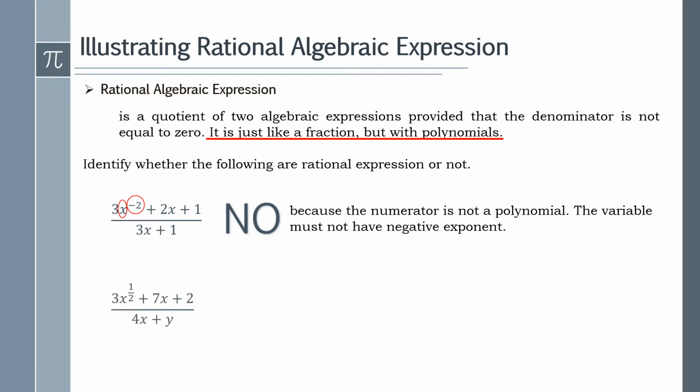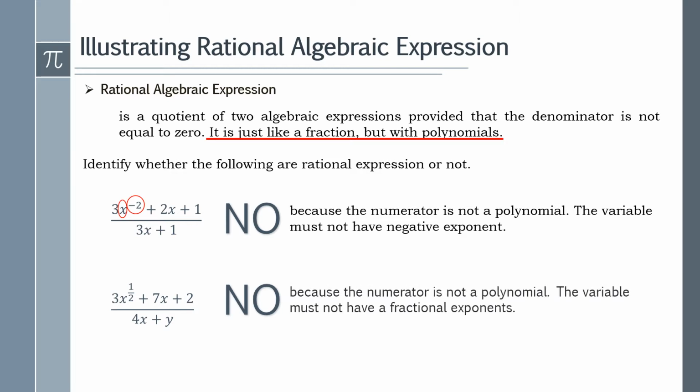Next. So we have 3x raised to the power 1/2 plus 7x plus 2 over 4x plus y. Is this a rational expression? The answer is no. Why? Because the numerator is not a polynomial. Again, the numerator is not a polynomial. Why? The variable must not have a fractional exponent.